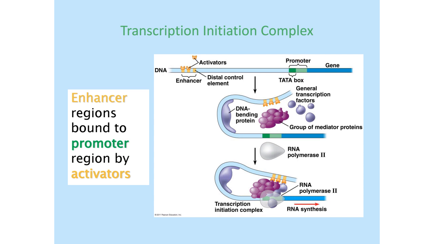Whereas if you were to look at the enhancer, okay, so this is another region in the DNA. It can be very, very far away from the gene. So we can also call that a distal control element. Think of it as being at a distance from the gene. Now what happens is you have these activator proteins that bind to the enhancer. Different cell types will have different activators present.